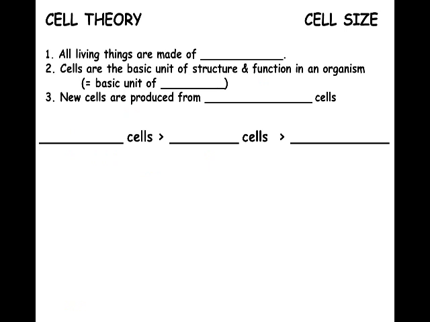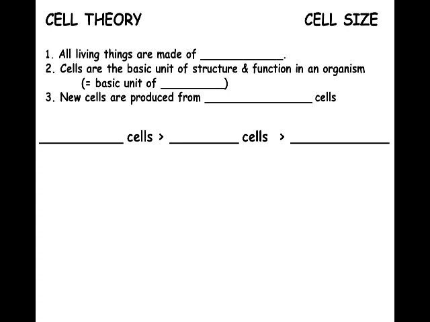And so we're going to start out by doing the first page in our flipbook. We said in our last chapter the cell was the basic unit, the smallest little piece of something that shows those characteristics of life. And so scientists have put our understanding of what we know about cells and living things together into what we call the cell theory.